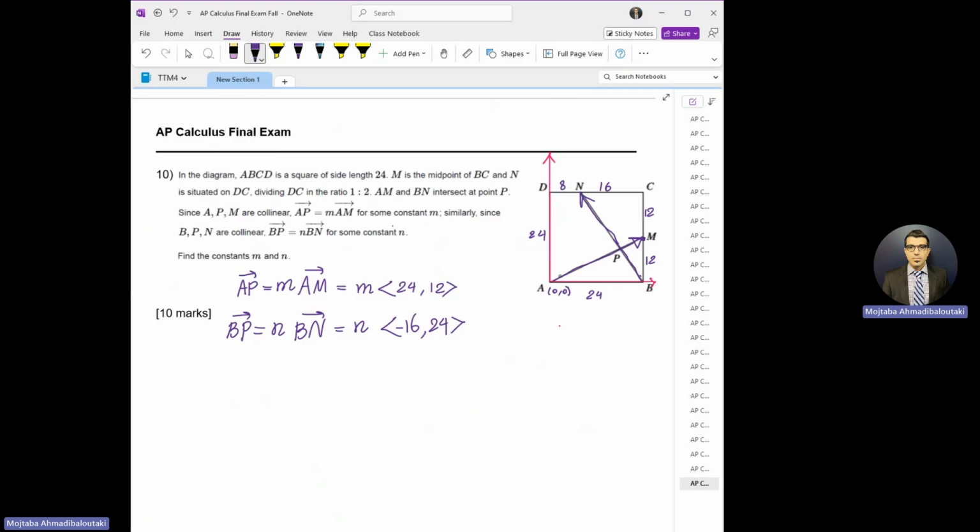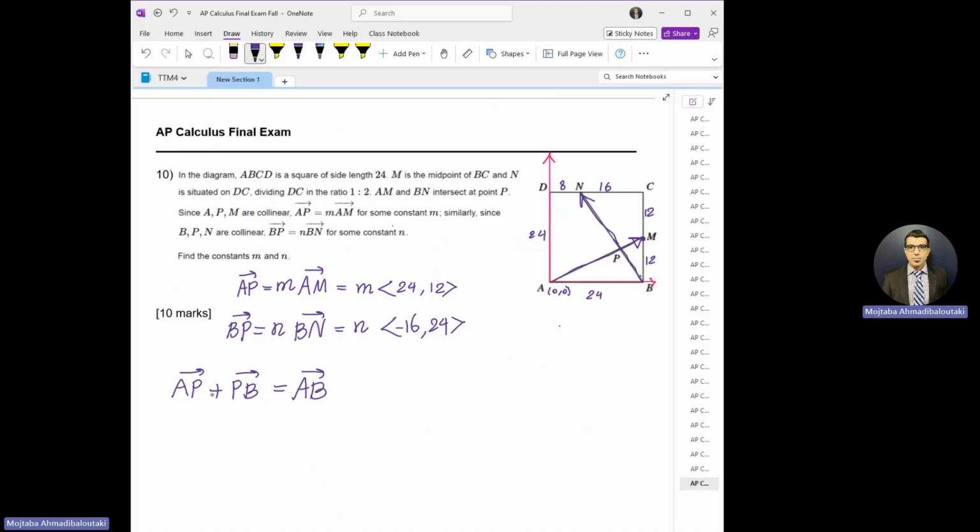If you look at it, AP plus PB gives us this vector AB. So if I write this relationship, AP plus PB equals vector AB. Does it make sense? There you go.